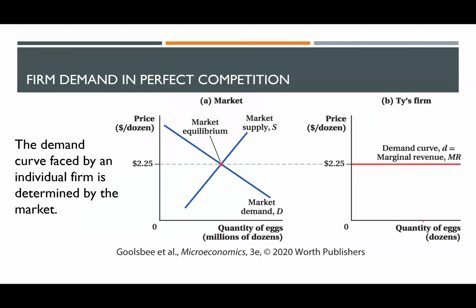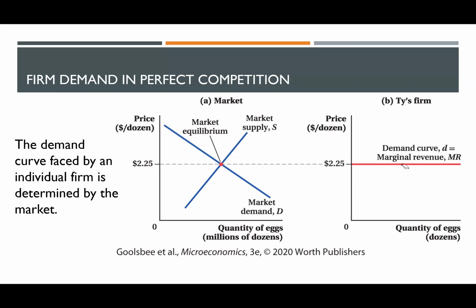Remember, one of our main implications of this model is that firms are price takers. We represent that graphically by using a horizontal demand curve for the firm, set equal to the market price of the good. In this case, we're talking about eggs.